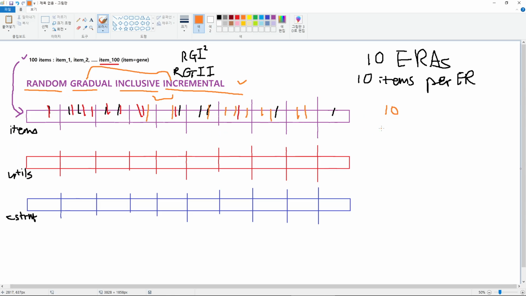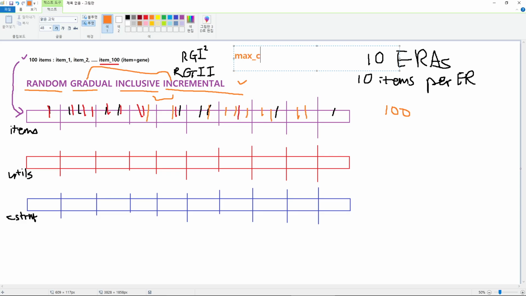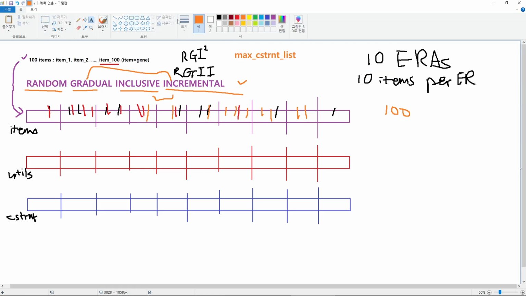And while this happens, by the last era, the 10th era, I would still have 100 items. And for this setup, I was using the same maximum constraint list that was used for the preset values, where the order of items was not random or changed.